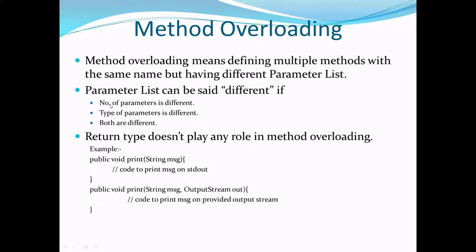We create a new method definition with the same name having a different number of parameters, or the types of the parameters are different, or we make both different. And this point is very important. A return type doesn't play any role in method overloading. As we know, the signature of the method consists of the return type also, but the return type doesn't play any role. So let's see an example of this method overloading.